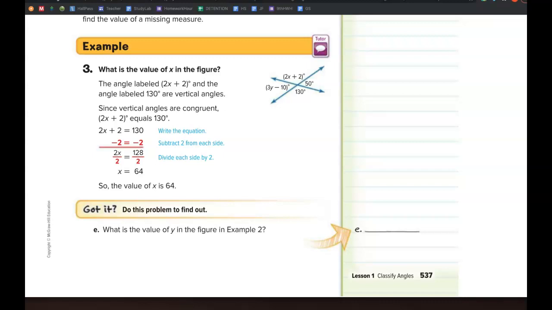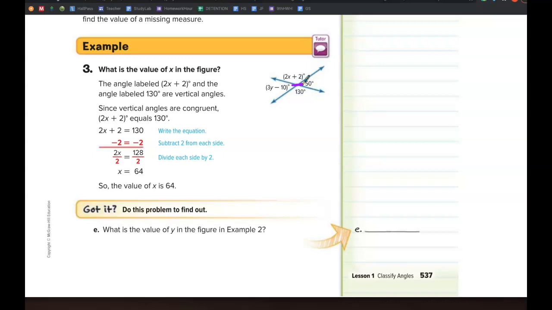Okay, do you know what my question was? I said, which angle is vertical to the one that has y in it? 50, because these two are vertical to each other, so I'm going to set them what to each other?